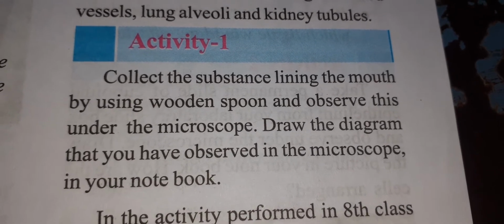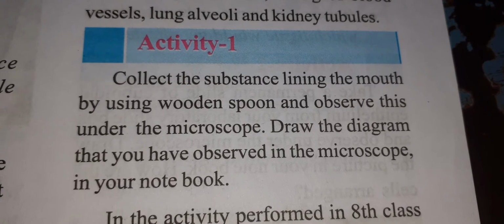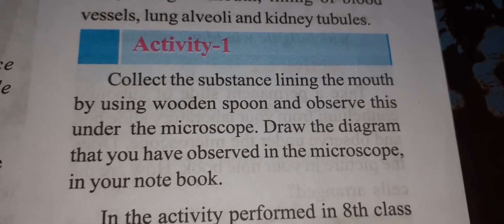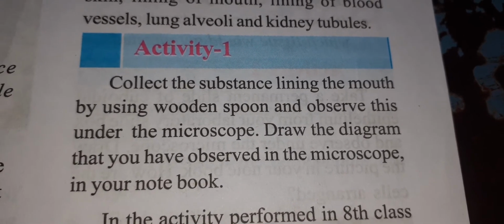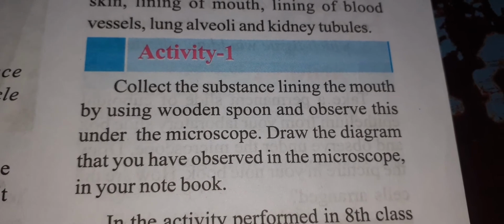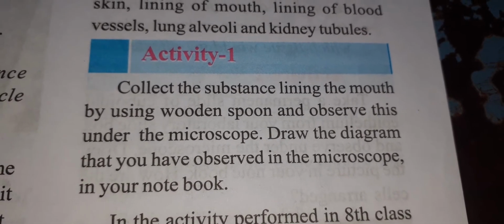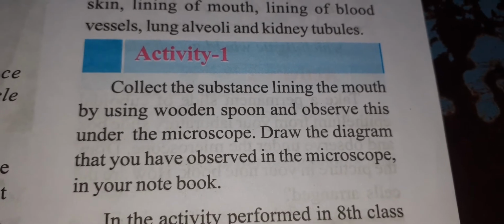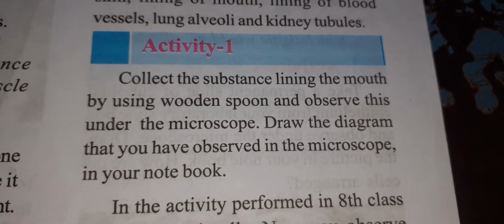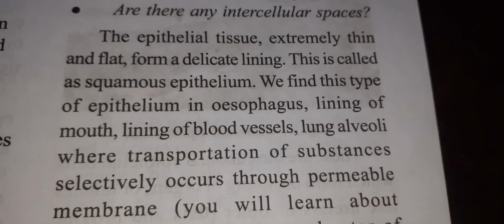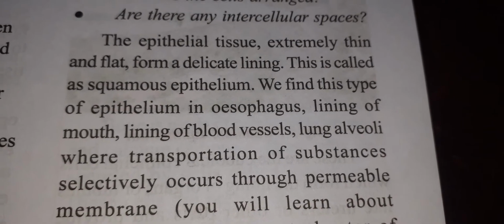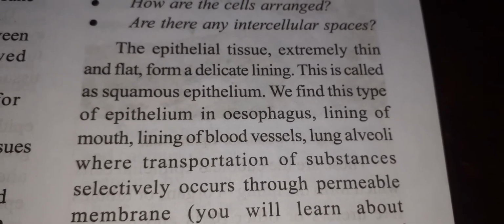These are shed from our mouth, and we call them cheek cells. We also do this activity in 9th class. Like this, we take the lining of the mouth using a wooden spoon and observe it under the microscope.